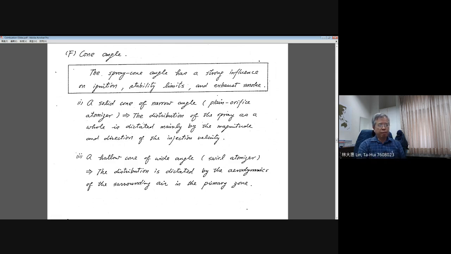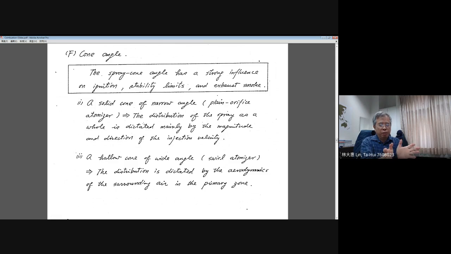But for the hollow cone wide angle, for example the swirl atomizer, as I described for the simplex nozzle, we apply swirling to your liquid jet. That swirling effect will give you the circumferential force to push your liquid to move radially outward. This kind of radial motion will open your spray angle.